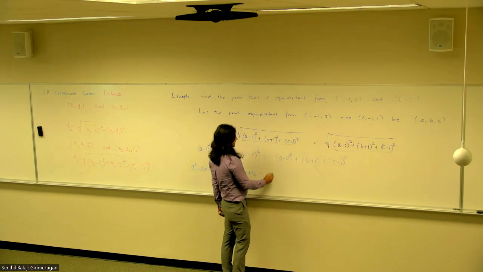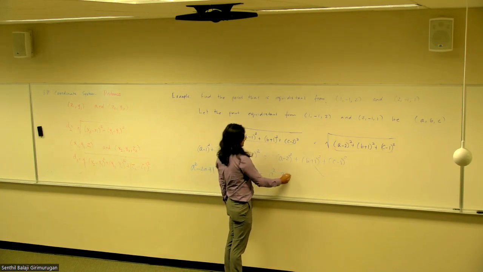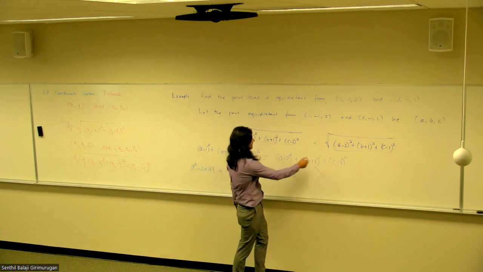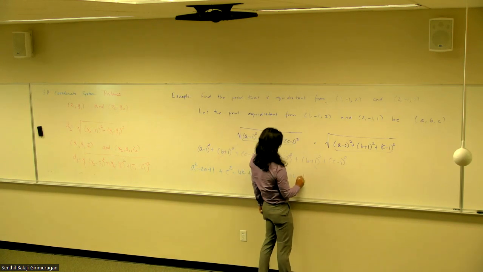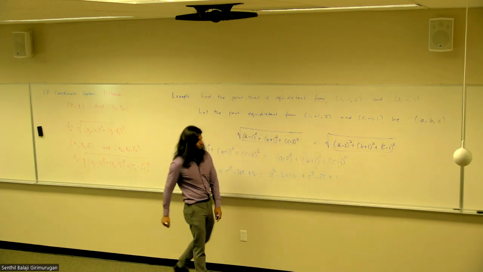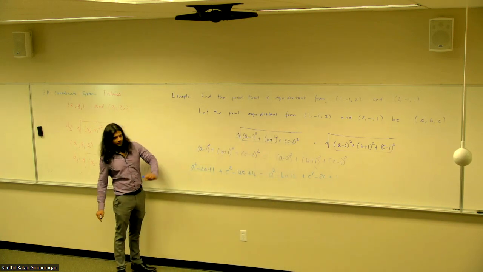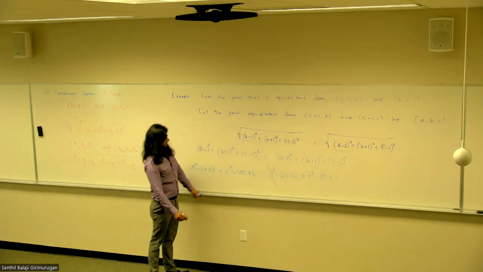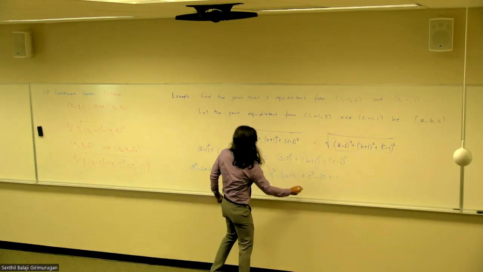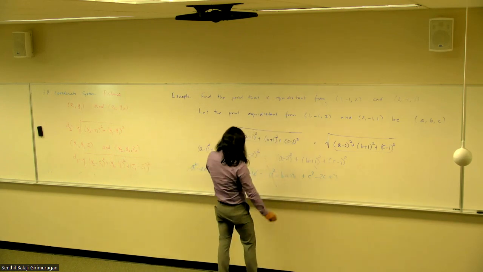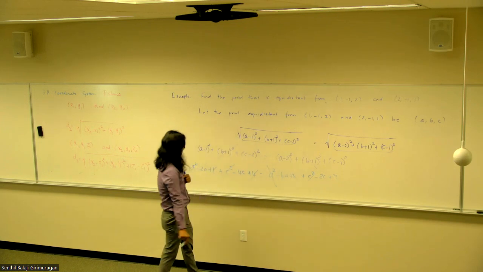Same on this side: A squared minus 4A plus 4, and C squared minus 2C plus 1. A squared will get cancelled. The 4s will get cancelled, the 1s go away, C squared goes away.